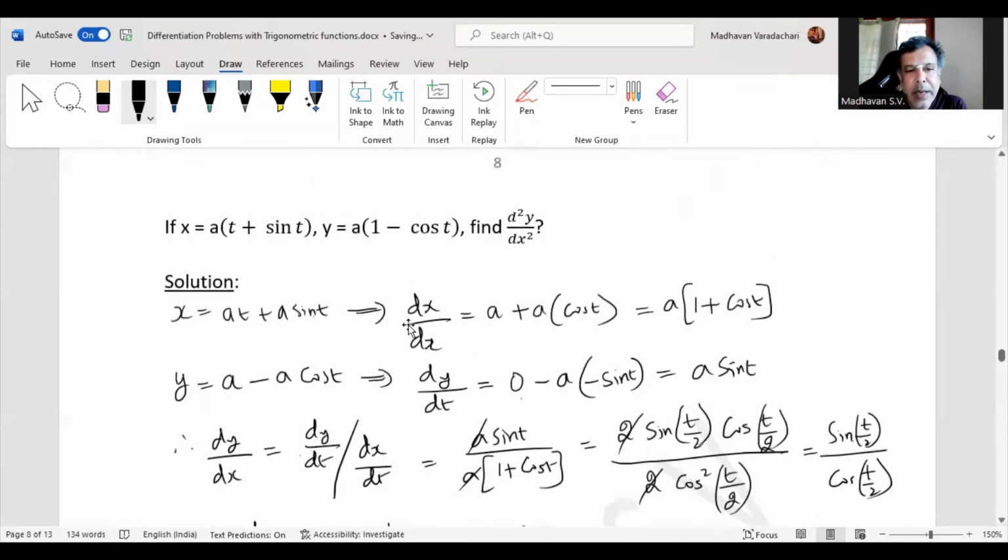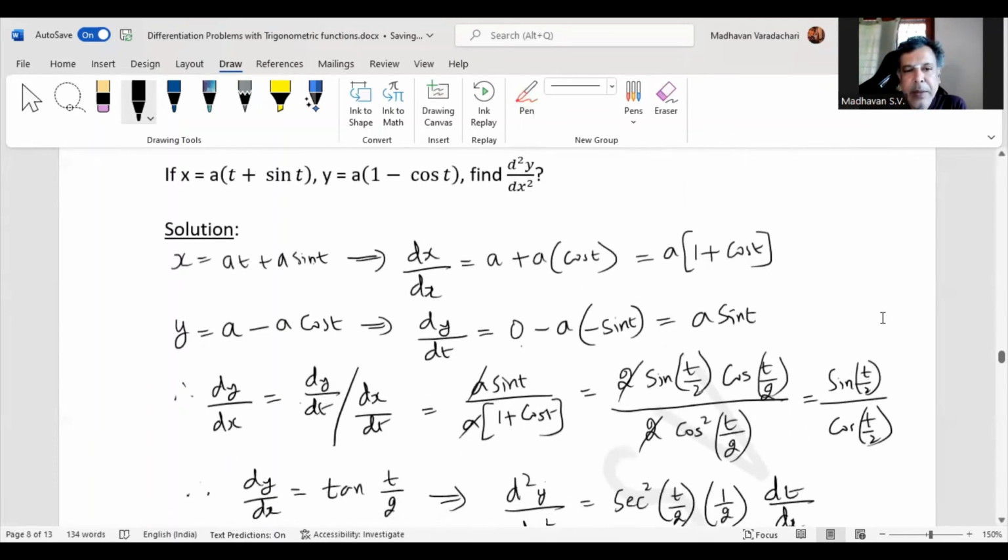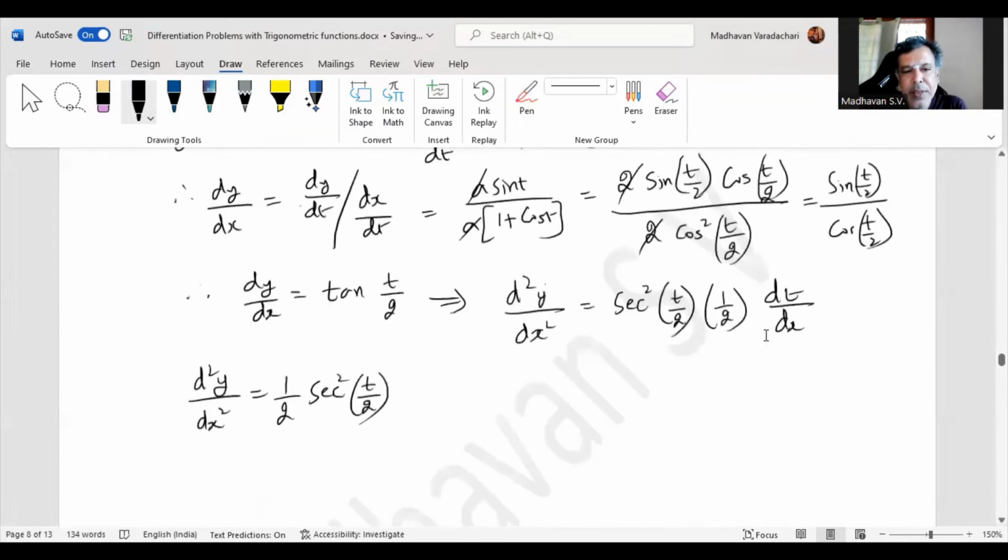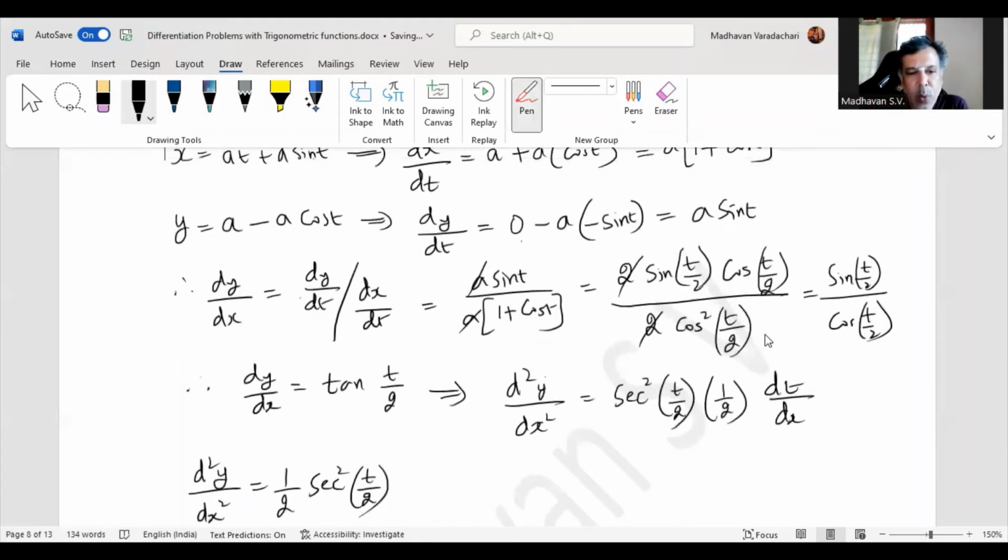We have dx by dt as a times 1 plus cos t. We need dt by dx, that means it is the reciprocal of this. So we will write it as 1 divided by a times 1 plus cos t.